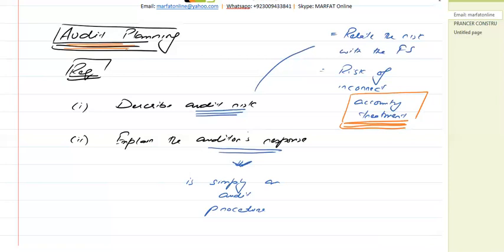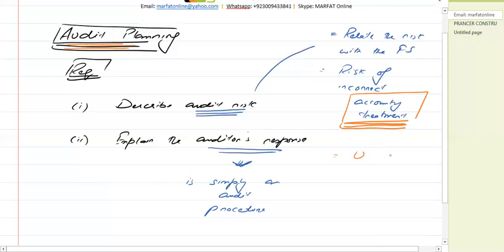When you use have, has, as in the inventory is misstated, the inventory has been misstated, then you are saying that the inventory is misstated. You are quite sure, but at the planning stage, you are not sure. So remember one thing: use the term may, because you are at the planning stage.